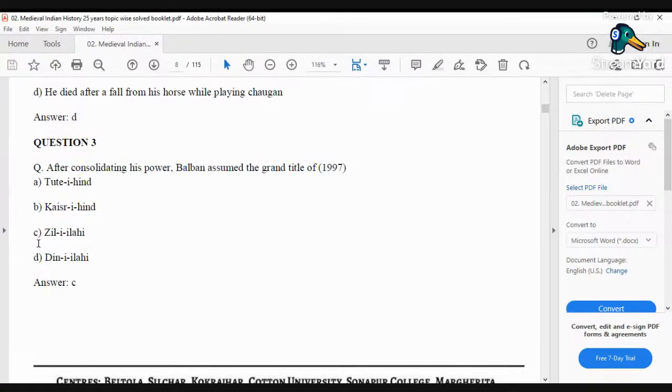Now, what is the meaning of divine kingship theory? He believed that God had appointed him. It is the theory which supports the view that it is God who appoints certain kings to rule different parts of the earth on His behalf.